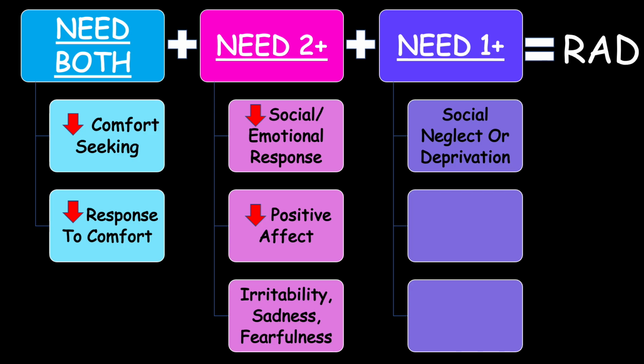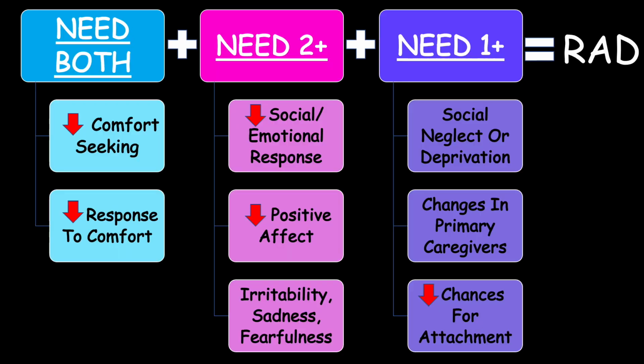Criterion C states that the child has experienced a pattern of extremes of insufficient care as evidenced by at least 1 of the following. 1, social neglect or deprivation in the form of persistent lack of having basic emotional needs or comfort, stimulation, and affection met by caregiving adults. 2, repeated changes of primary caregivers that limits opportunities to form stable attachments.